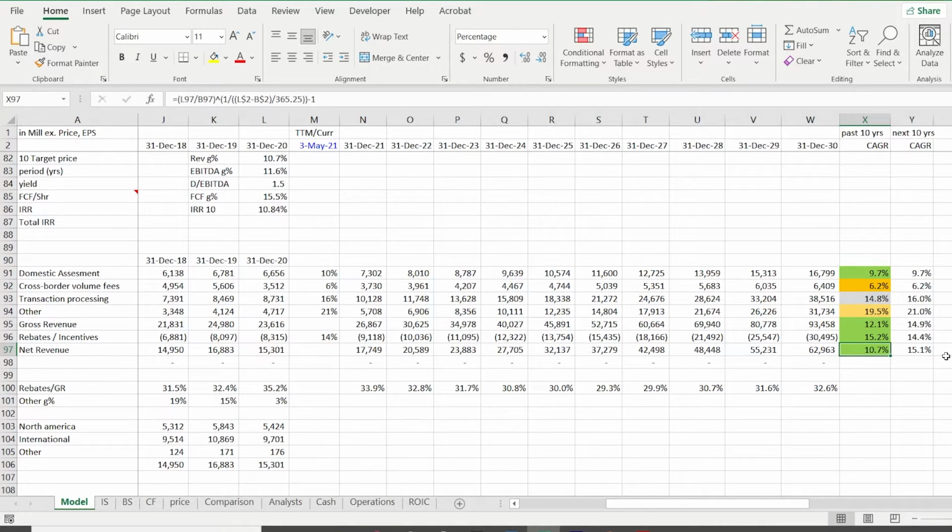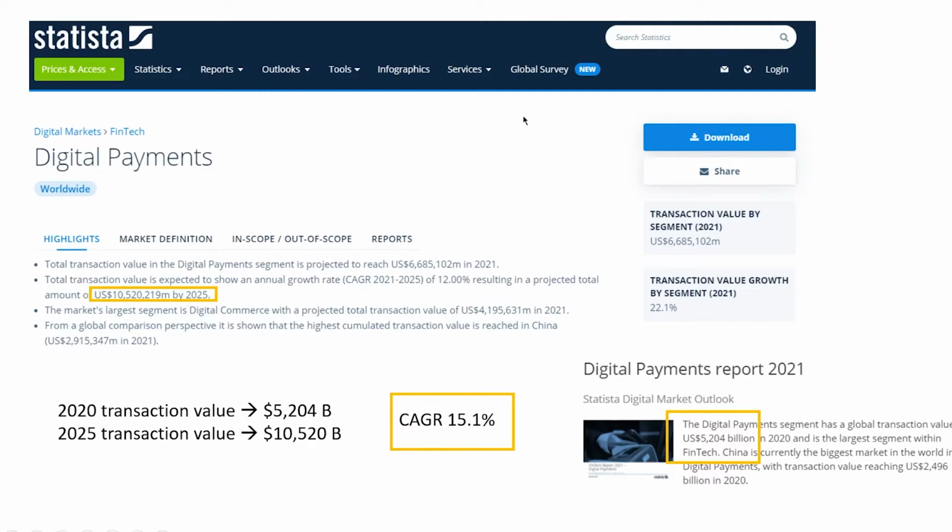This is my assumption. Probably could be a little bit aggressive. But if you see here, from Statista, they are assuming that from 2021 to 2025, the digital payments industry is going to grow at 12% per year. And if we start from 2020, this was the volume that was transacted, from 5 billion to 10 billion in 2025, which is their assumption, the growth is 15.1% on a compounded annual growth rate.